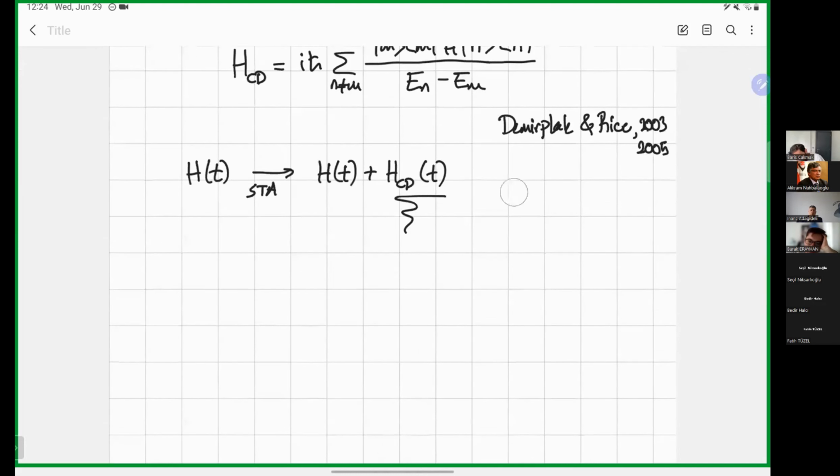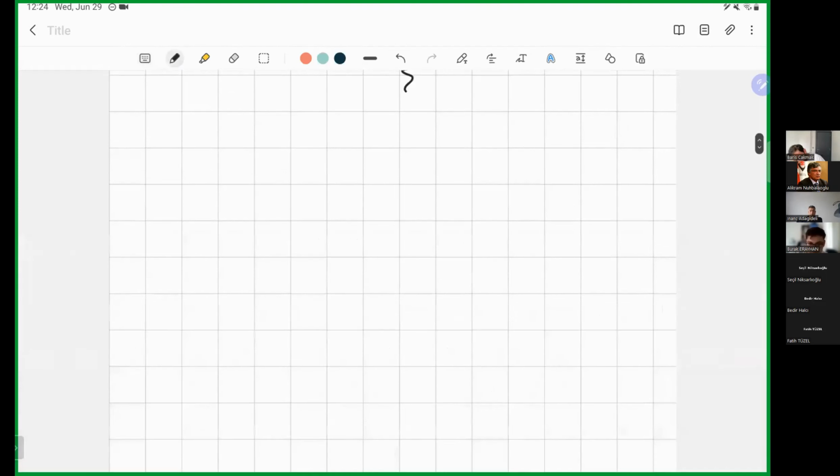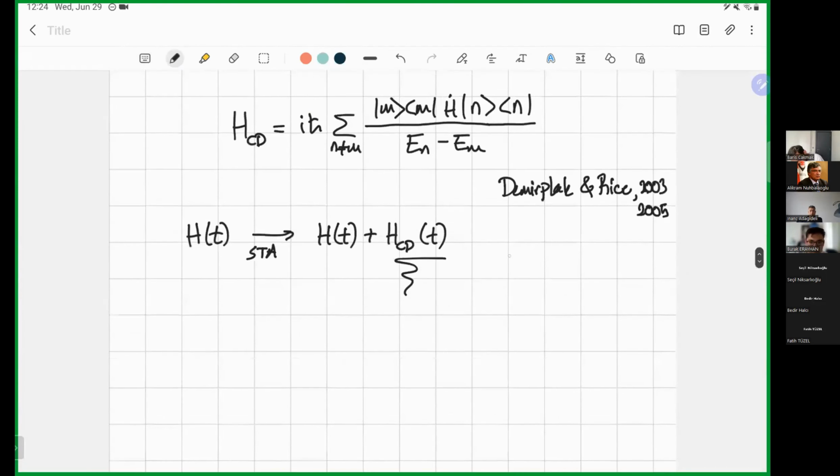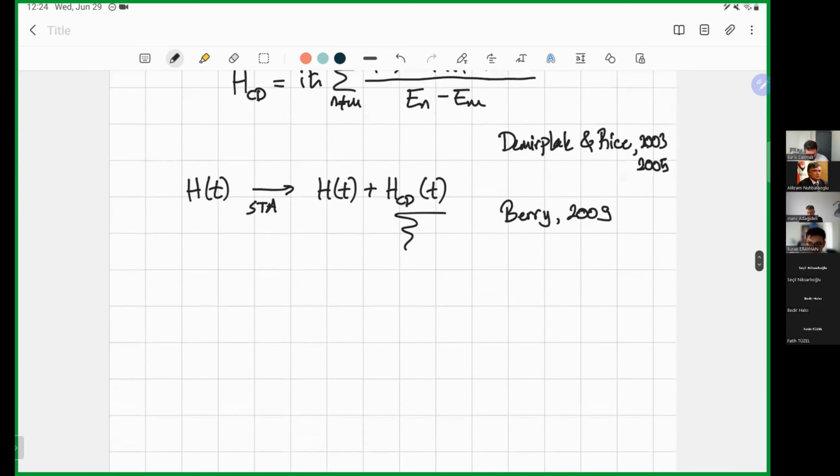But then Michael Berry stepped in and made this a bit famous, I would say. Michael Berry is the Berry of the Berry phase, a quite famous physicist. So we have the Berry 2009 Journal of Physics A paper. As I said, all of these papers will be in the folder that I'm going to share with you together with the lecture notes after the end of this lecture.